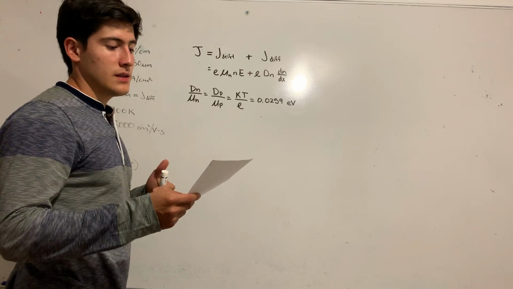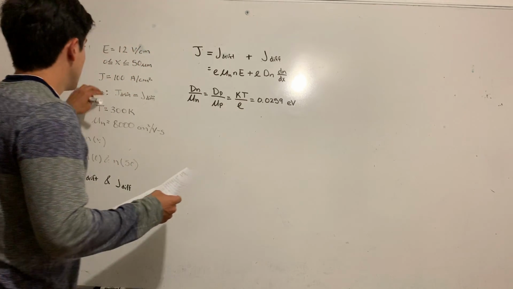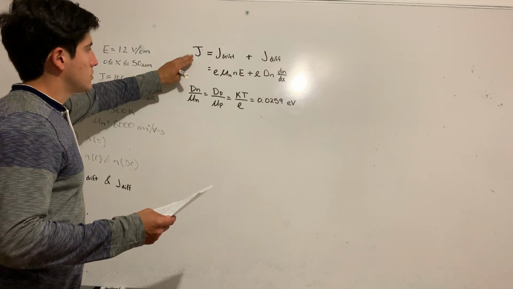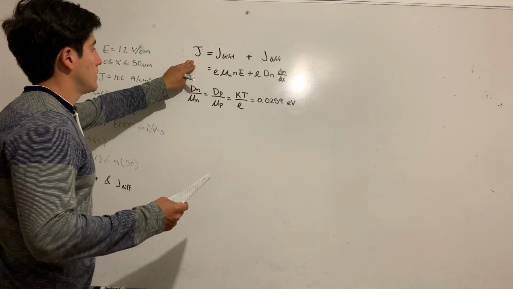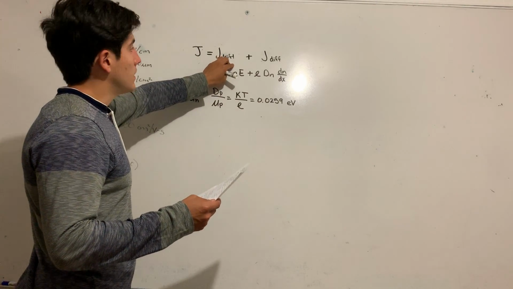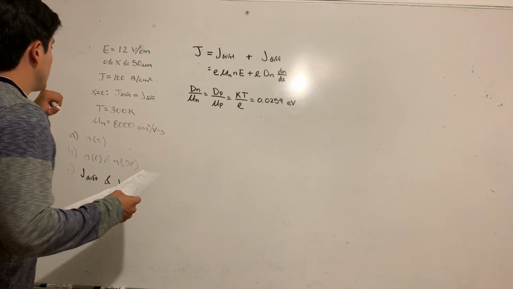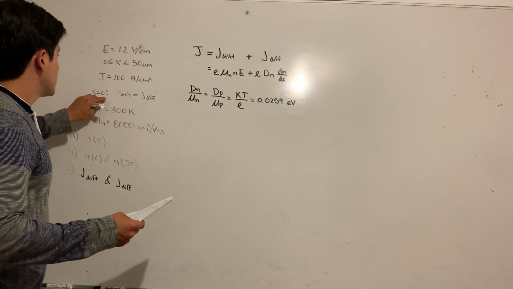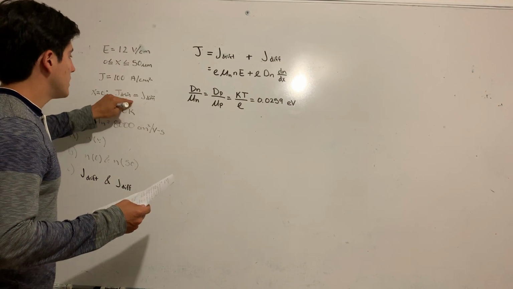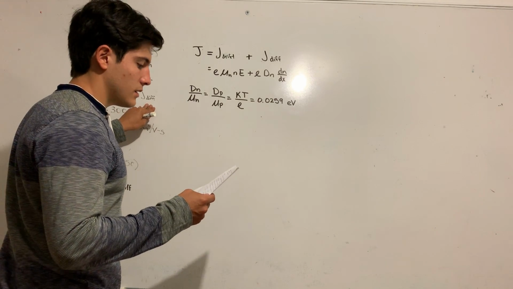The total current density is constant and equal to 100 amperes per square centimeter. The total is a drift current density and a diffusion current density, and at x equals 0, the drift current density is equal to the diffusion current density.